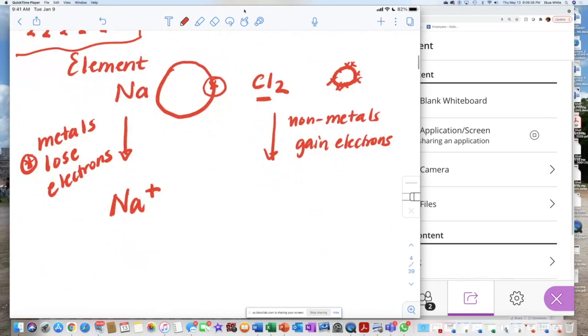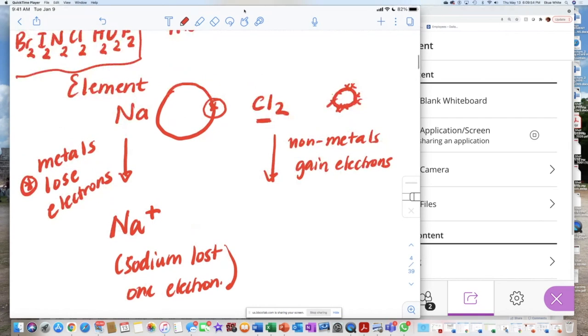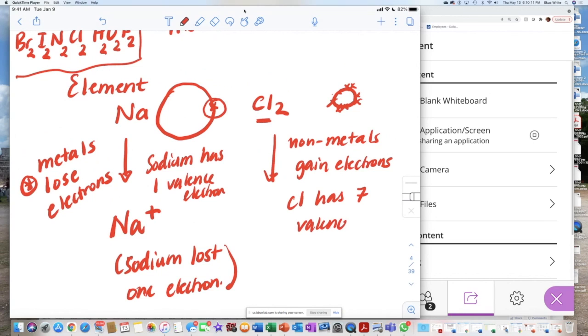And this just says sodium lost one electron. Remember, sodium has 1 valence electron, and chlorine has 7 valence electrons.